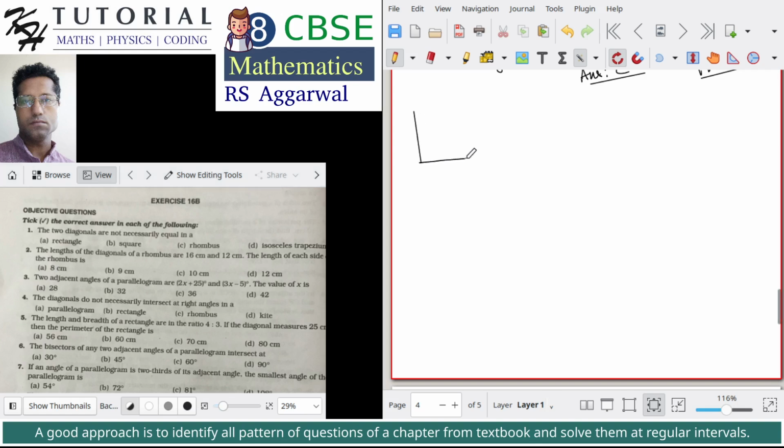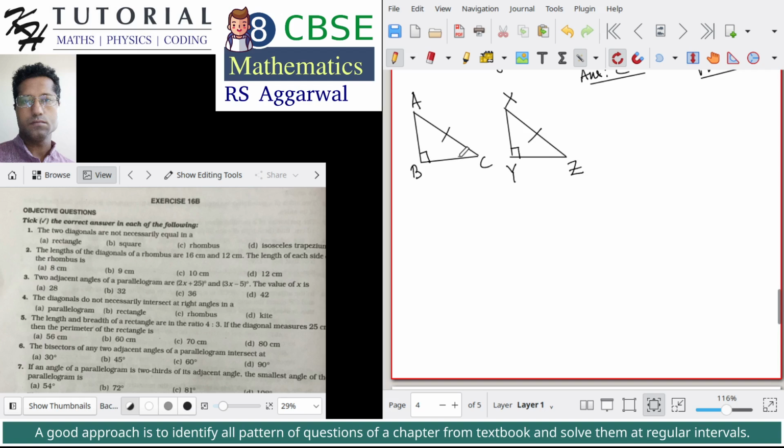So if we have two right angle triangles, let's say ABC, we know the rule of congruency is RHS. If these two triangles are congruent, then the hypotenuse has to be equal, that is AC has to be equal to XZ, and we already have the right angle, and one side has to be equal.